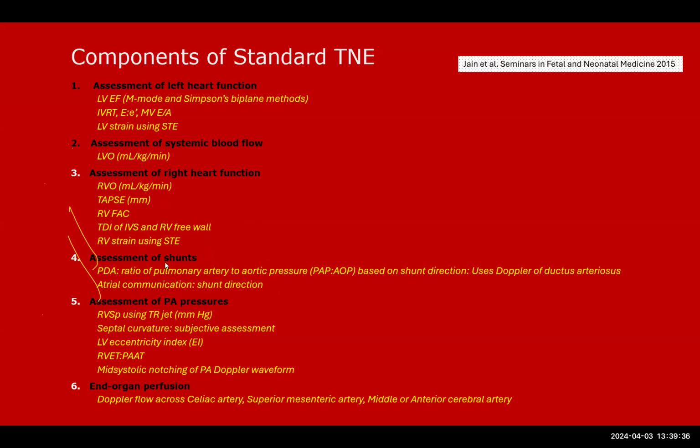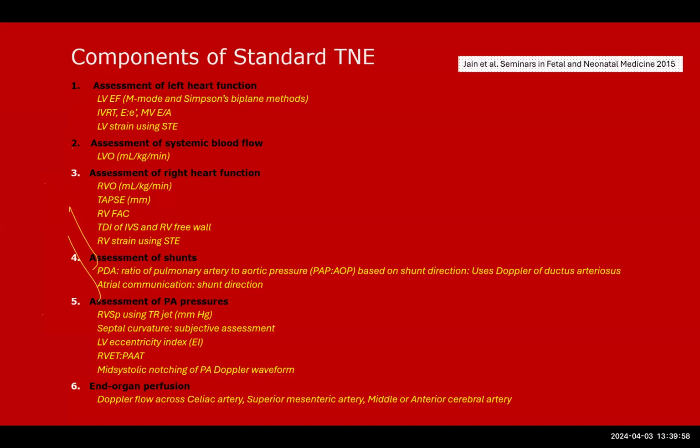PDA, as well as atrial shunting, are also very important to tell us what exactly is going on in terms of the relative systemic to pulmonary pressures, the assessment of pulmonary pressures. We can also use the tricuspid regurgitation jet if the RV function is reasonable.